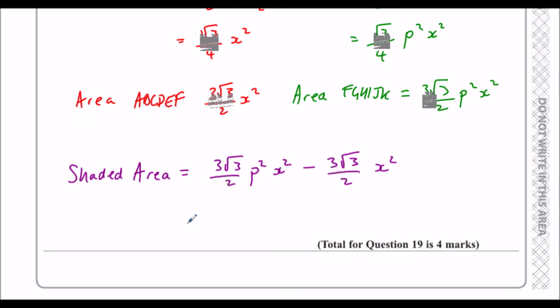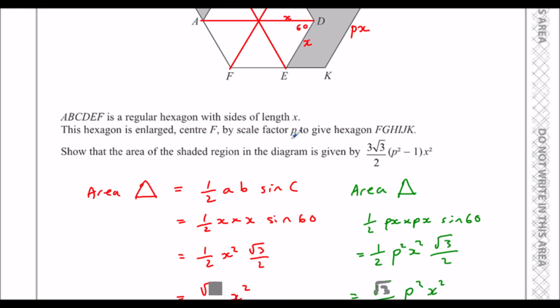So if I factorize out 3 root 3 over 2, and we've factorized out x squared as well, but they've put it at the end.